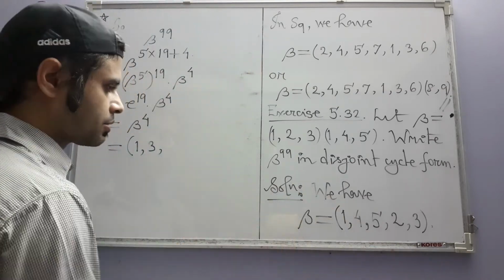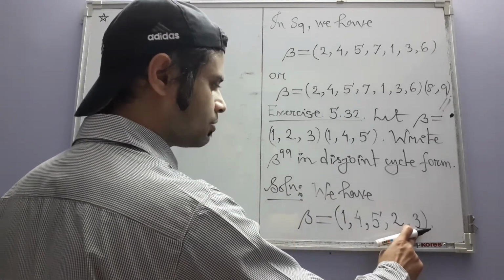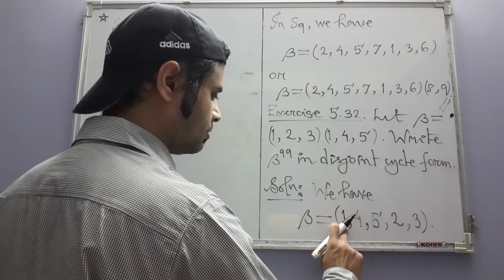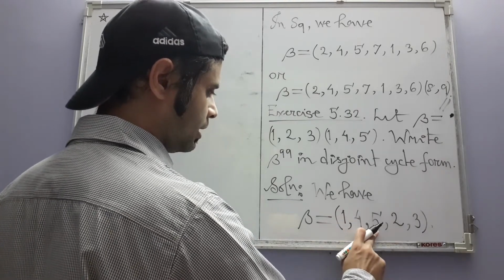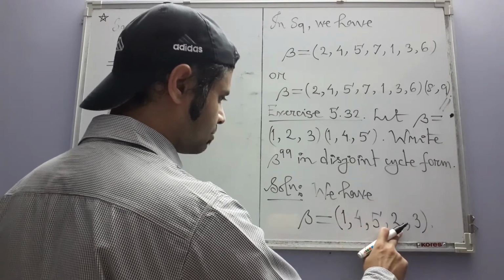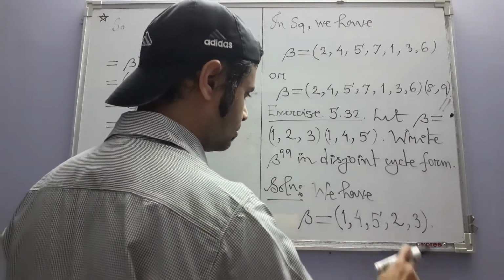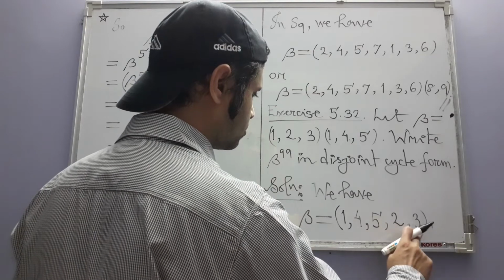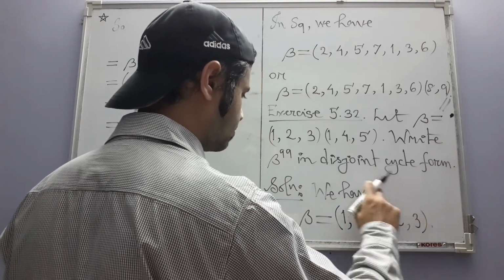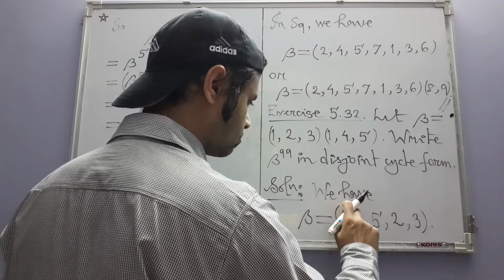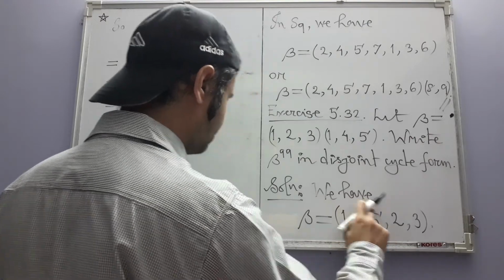Okay, now comes 3. You apply beta to 3 once, you get 1. 2 you get 4. 3 times you get 5. 4 times you get 2. Then 2 goes to 3, that is 1, 1 that is 2, 4 that is 3, 5 that is 4.